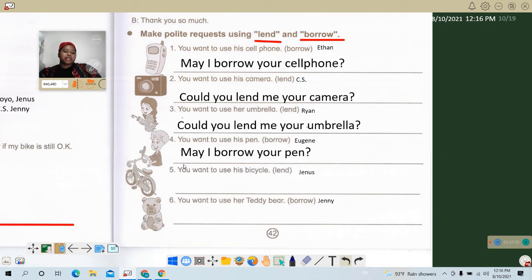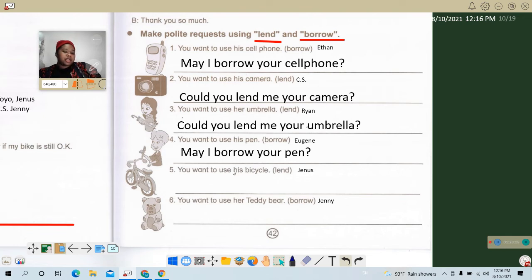Next, Janus. You want to use his bicycle. We don't know who he is, but it is a boy. So, Janus, what is the question? Because you need to use lend. Go. Can you lend me? Again, louder. Can he lend you the bicycle? You here is you, Janus.